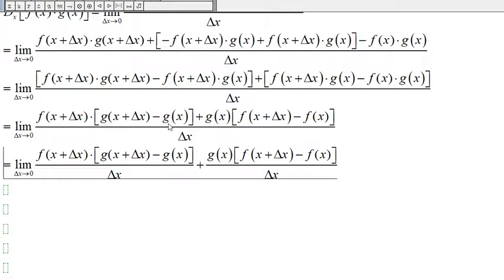So we have this group plus this group dividing by delta x, and then we just separate them: this group dividing by delta x, and then this group dividing by delta x.